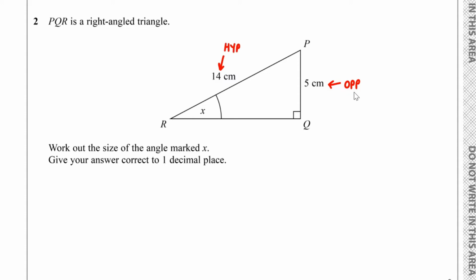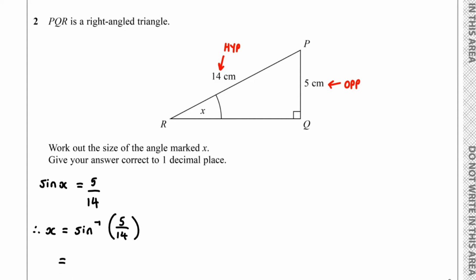And what connects the opposite to the hypotenuse is sine. Sine x is equal to the opposite, 5, divided by the hypotenuse, 14, and therefore x is equal to the inverse sine of 5 over 14.